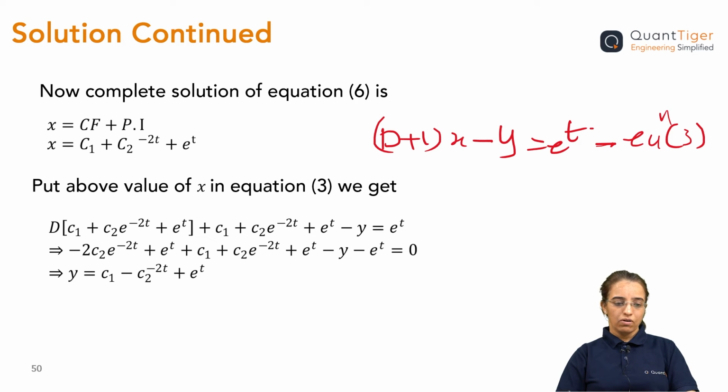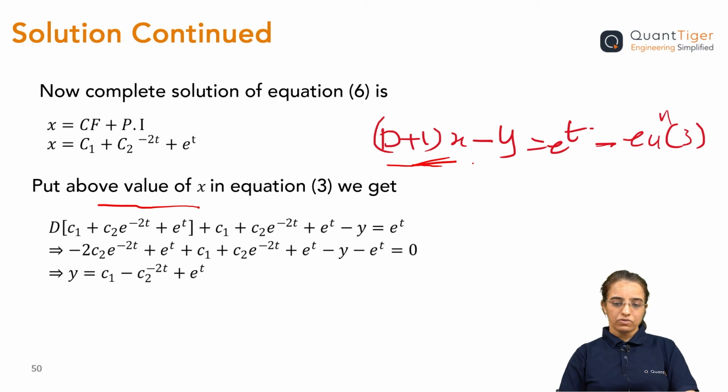So, I am going to put this value in equation 3. For your reference I have written equation 3 here, which we found in the previous steps. If I substitute the value of x in this equation, I will obviously get the value of y.